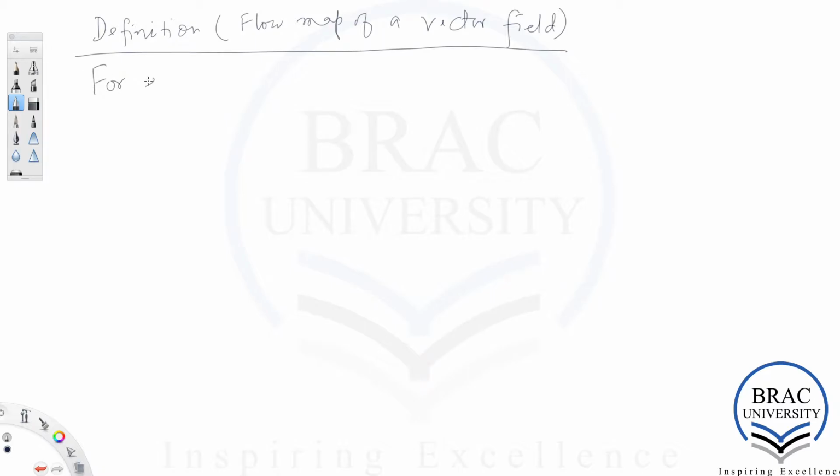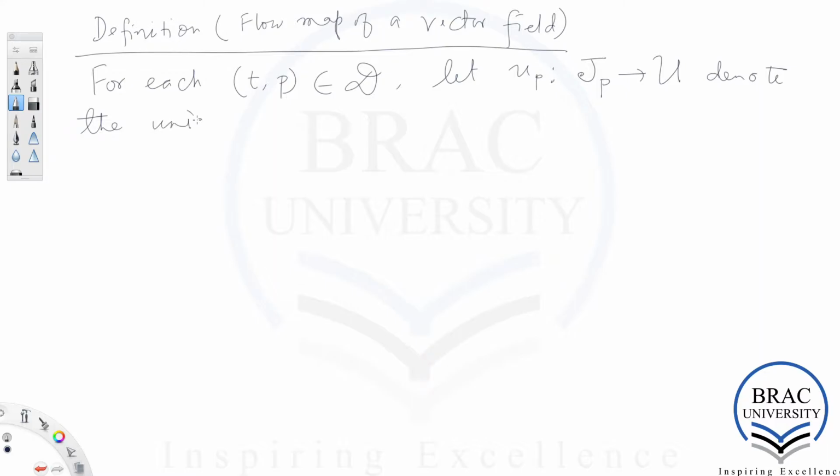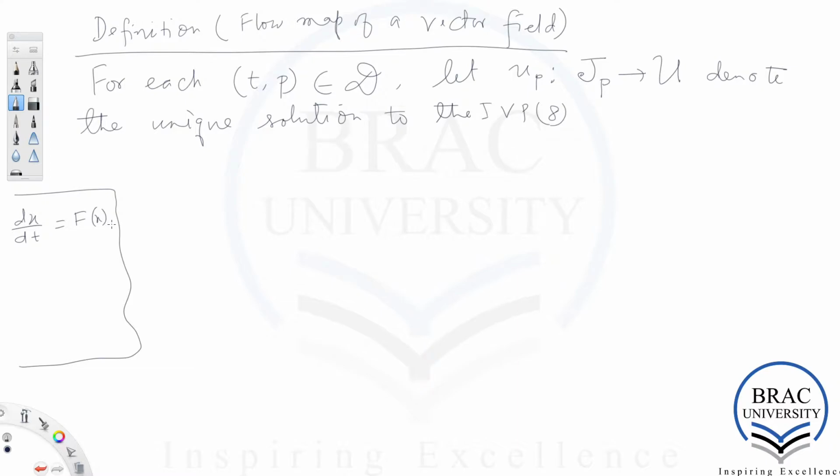For each point (t, p) in the domain D, let u sub p from J sub p to big U denote the unique solution to the IVP 8, which, let me write down here, is dx over dt equals f of x for an autonomous system, and x at 0 equals p.